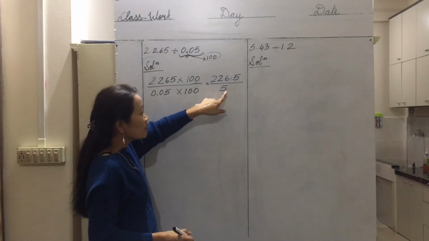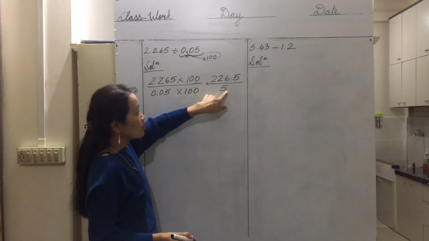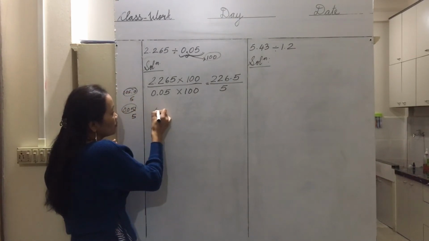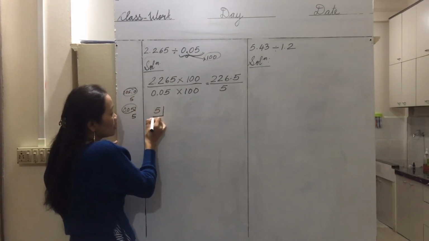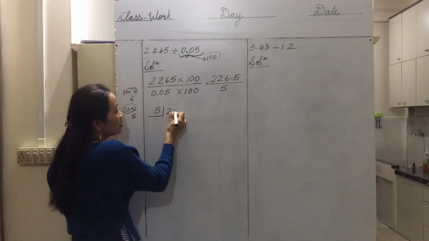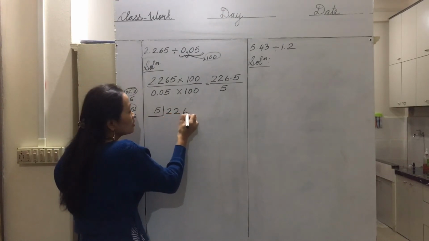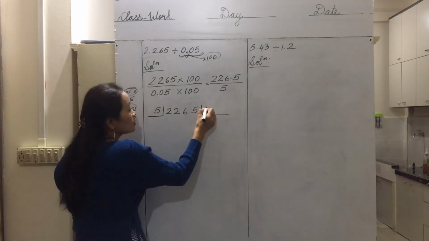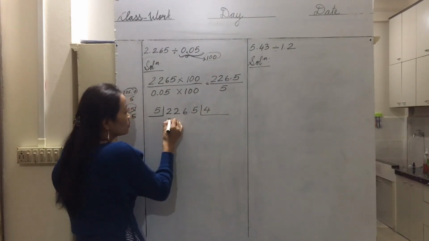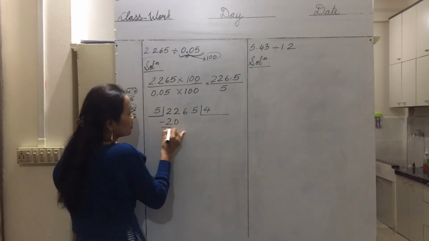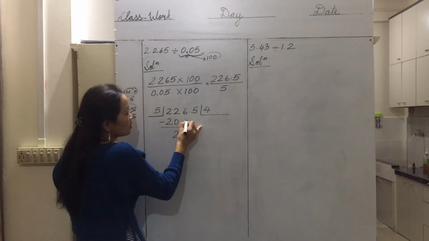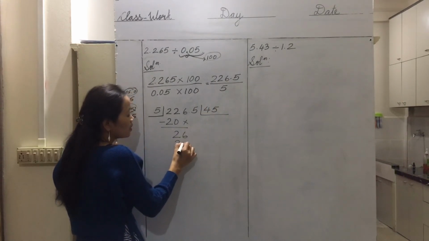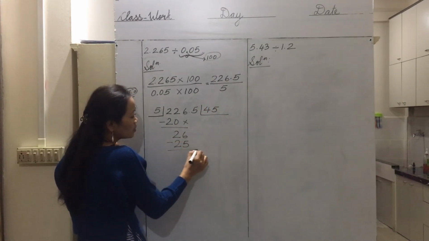So the divisor has no point now. So you can go back to the ordinary decimal division. We divide, 5 4 times 20, subtract 2, take down 6, 25, subtract 1.